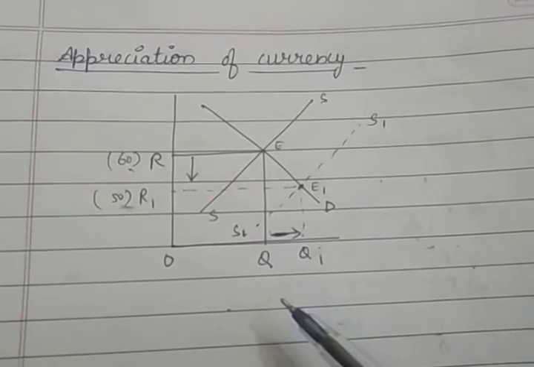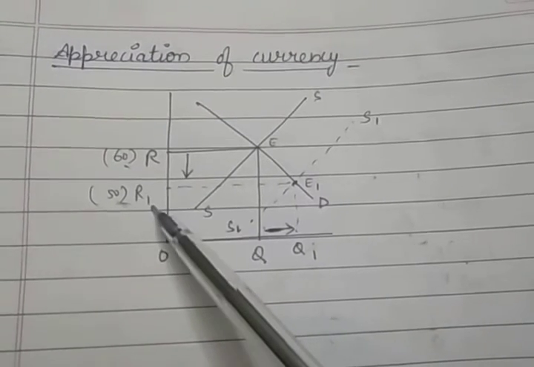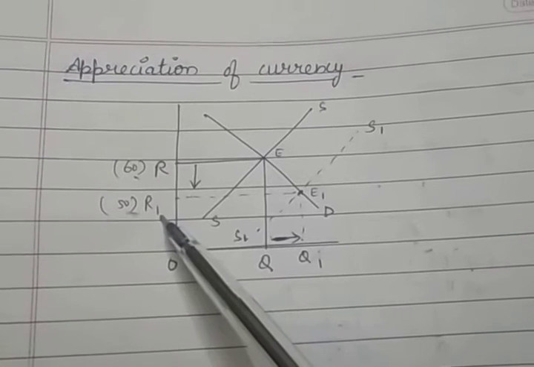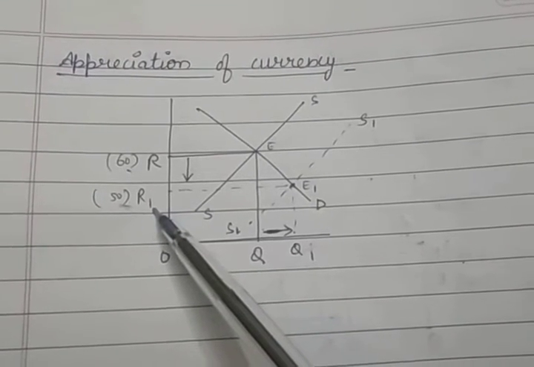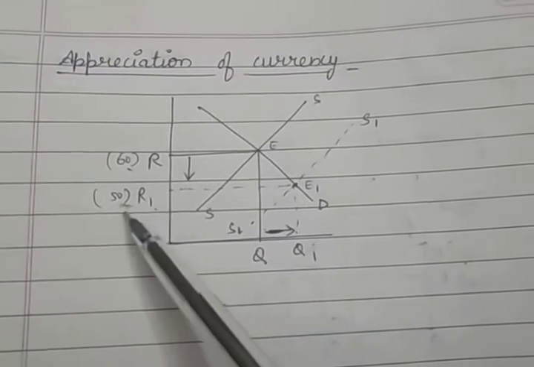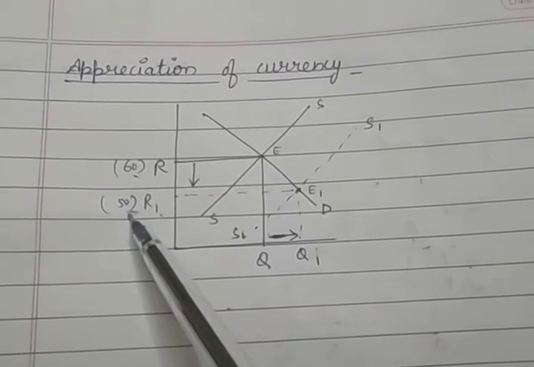Appreciation of domestic currency means a rise in the price of a domestic currency, that means rupees, in terms of a dollar. So it means 1 rupee can be exchanged for more US dollars. So with the same amount of money, with the 50 rupees, now more goods can be purchased from USA.